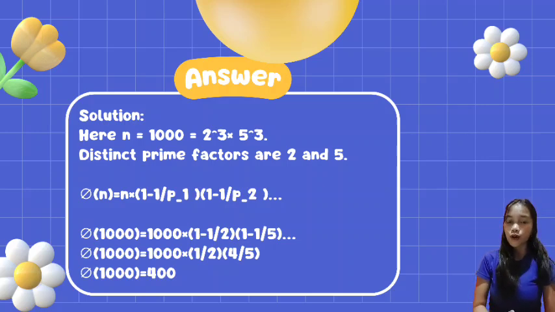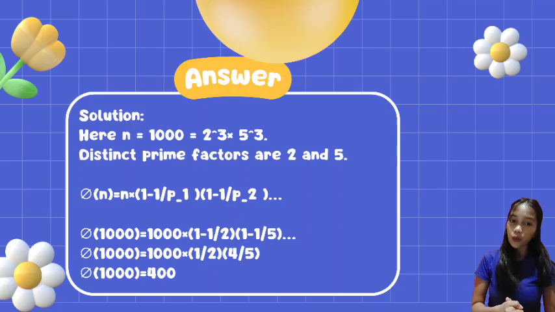Therefore, phi of 1000 is equal to 400, meaning there are 400 positive integers less than 1000 that are relatively prime to 1000. So is that understood, class?